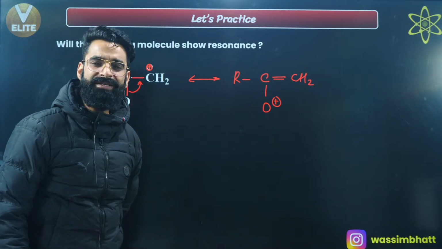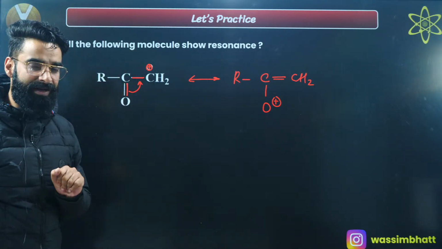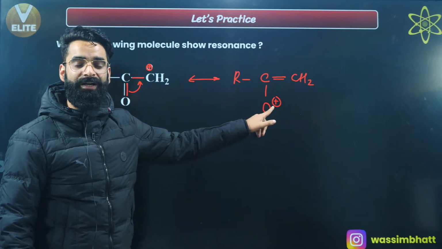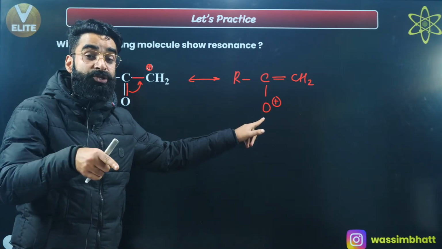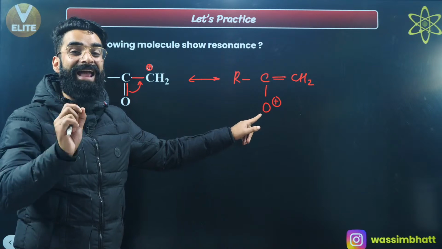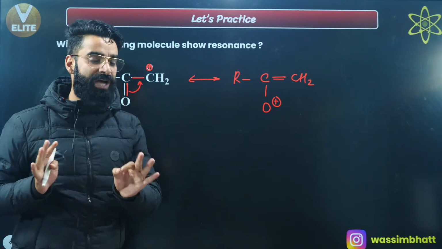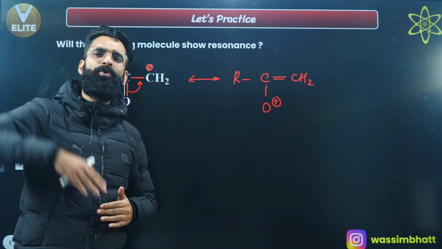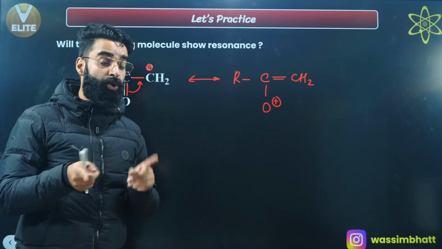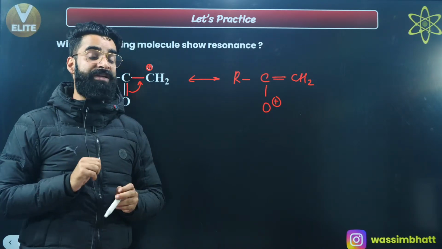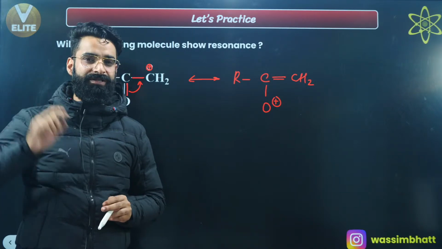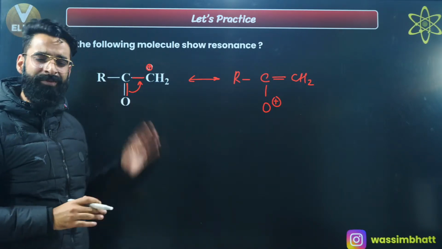But no way. Why is that? Because if resonance takes place over here, oxygen is getting the positive charge. Positive charge on an electronegative element makes it highly unstable. Highly unstable means more energy. I told you a few minutes back, in the conditions of resonance, all the canonical forms must have similar energies. So will the two have similar energies? No way.